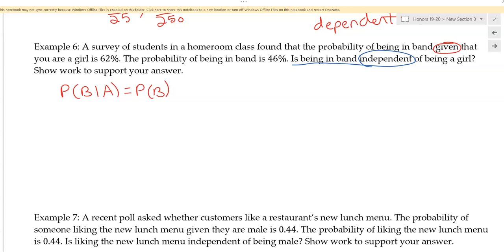Again, with these ones, it's very important that we use the words a lot of times. So the probability of B given A. So band given girl. So this is B and this is A, so it has to equal the probability of band.